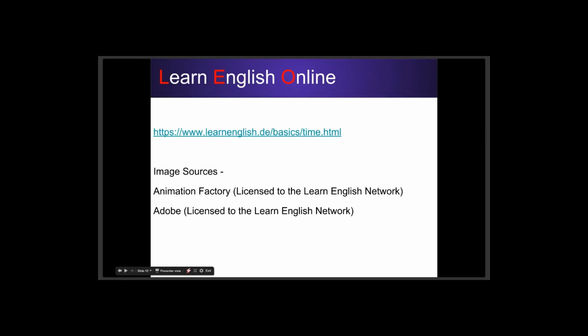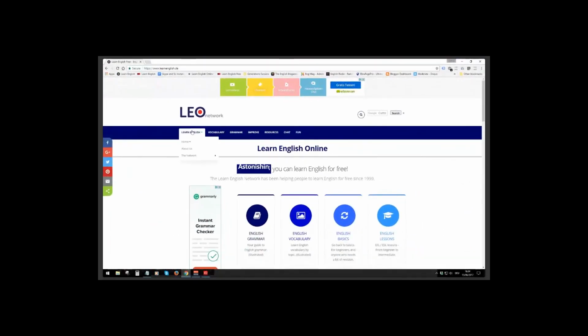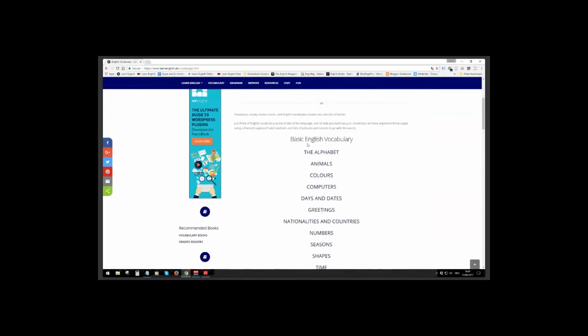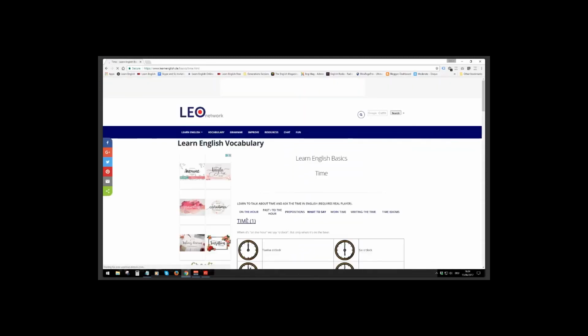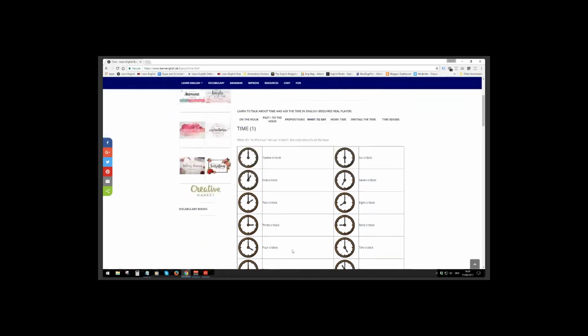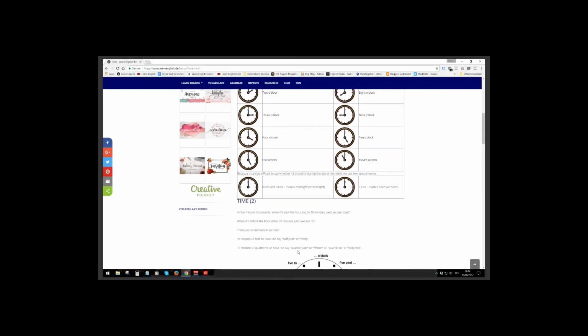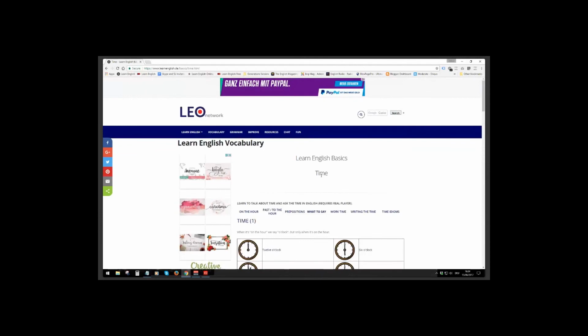If you go to learnenglish.de, click on vocabulary and then basics, and you've got time there. We will be looking at the different ways of describing the time in the future, but you can learn in your own time as well, okay?